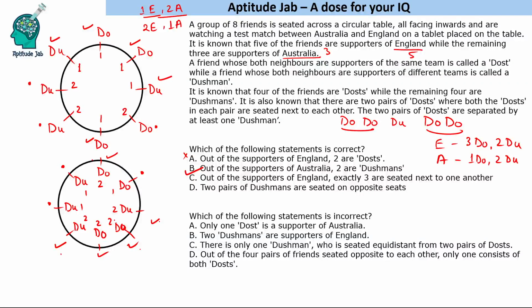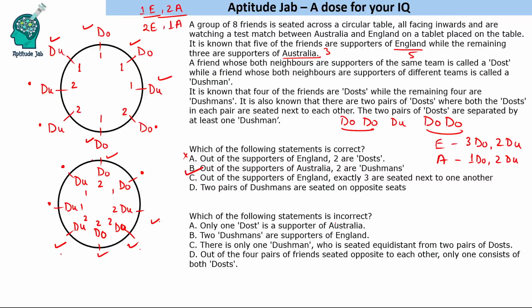In this also if you see dushman dost, dushman, so this is not necessarily correct. Okay, we have to find which is always correct. It's saying 2 pairs of dushmans are seated opposite, so there is only one pair sitting opposite, right? There is only one pair of dushman which is sitting opposite, other dushmans are not opposite. Okay, so only B is correct, right?